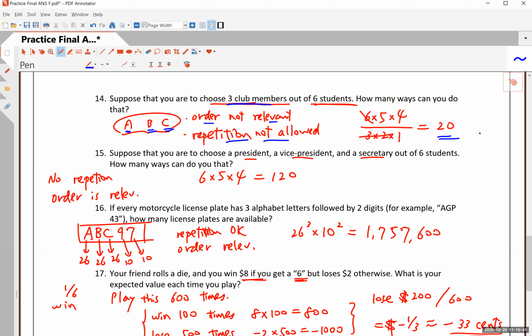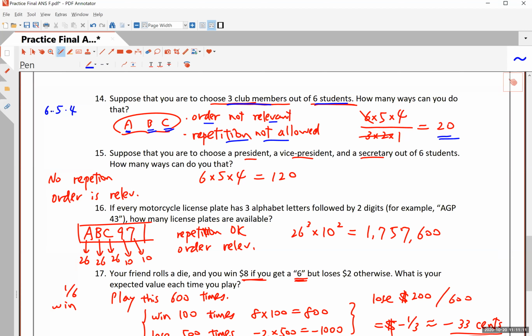But if you forget that, or if you can't think about this, there is a logical way to think about it. Remember, if the order were important, and you have 6 students to choose from, you have 6 ways to choose the first one, and then once one person is chosen, you have 5 left from whom to choose the second person, and then once 2 people have been chosen, you have 4 to choose the third person from.